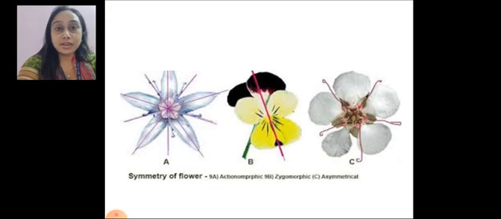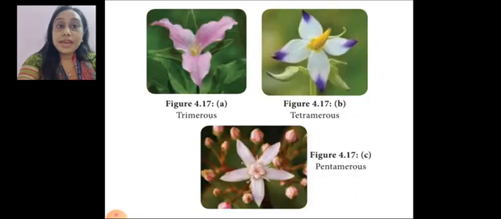Asymmetrical flowers cannot be divided into equal halves by any plane, whereas actinomorphic flowers can be divided into equal halves by more than one plane, whereas zygomorphic flowers can be divided into two equal halves by only one plane. Then we studied that flowers can also be divided into trimerous, tetramerous, and pentamerous types based on the number of sepals and petals they have.